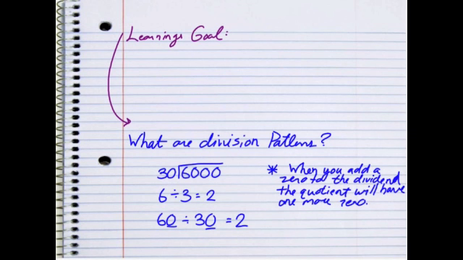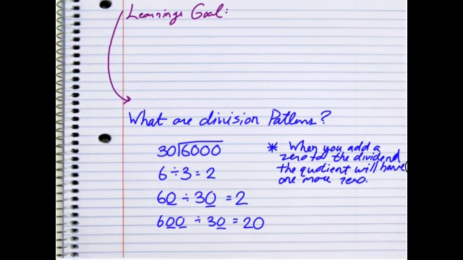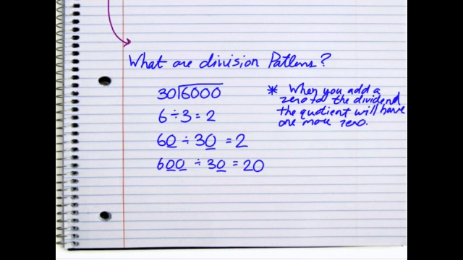If I have 600 divided by 30, I have an extra 0 in my dividend, so my quotient is going to have an extra 0, right? So now 600 divided by 30 equals 20.